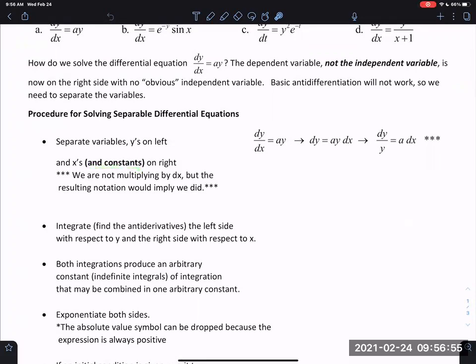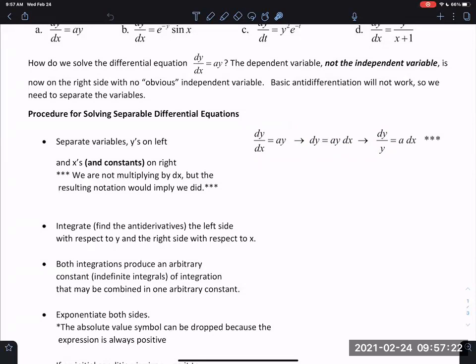That would mean the a has to stay on the right side. What I have right here is a series of steps showing we start with that. dy stays on the left, and we have ay dx. Then we divide both sides by the y, bringing the y to the left side. And the a, the constant, stays on the right.